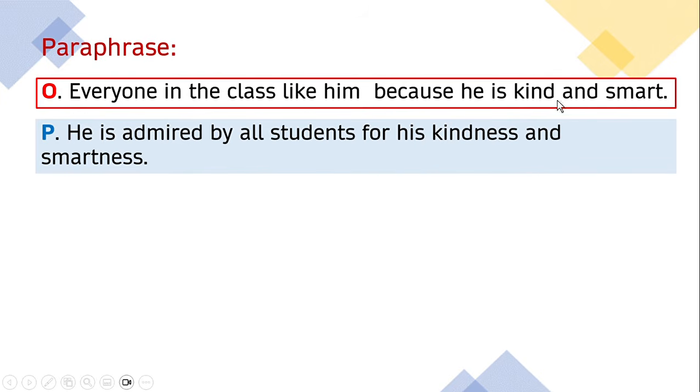His, I changed the adjective into noun. So I changed kind into kindness, and smart into smartness. So the sentence is: he is admired by all students for his kindness and smartness. So this is a perfect paraphrase.